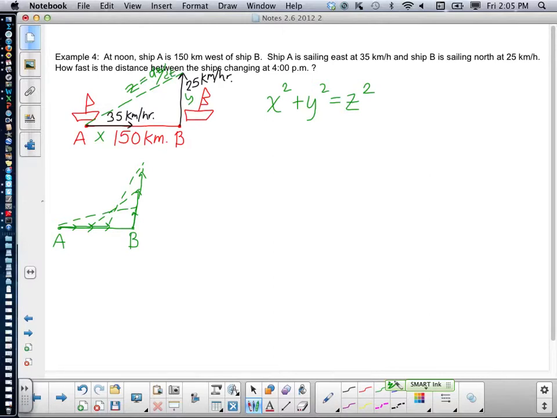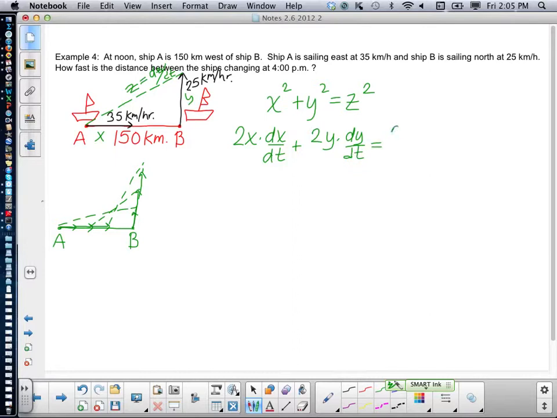Okay, so we've got the equation, we've got the rates. What's next in dreads? Derive, right? So let's go ahead and derive. So we have 2x dx dt, 2y dy dt, okay?